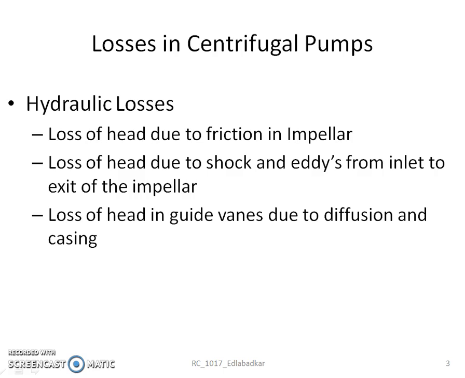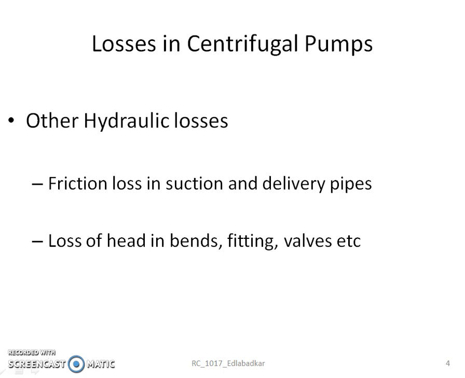As and when the kinetic head is converted into pressure head, the conversion is not 100%. There are a few losses because of bulk momentum transfer and friction between different laminae of the fluid. We call this the loss of head in guide vanes due to diffusion and casing.